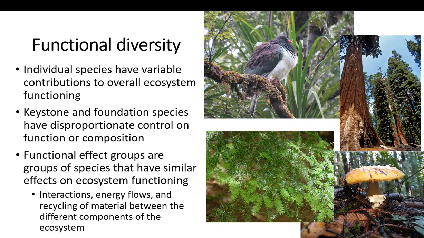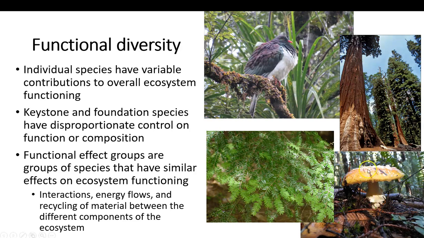There's also a difference between simply species and their function within ecosystems. Individual species have different levels of importance. And so some rare species might be important for distributing seeds, or species that might be especially gigantic and create the primary structure of an ecosystem, but be less common.